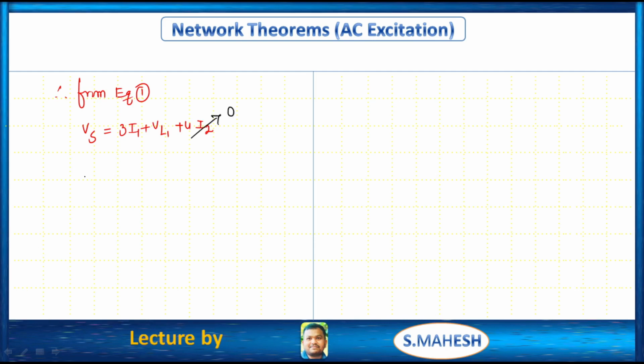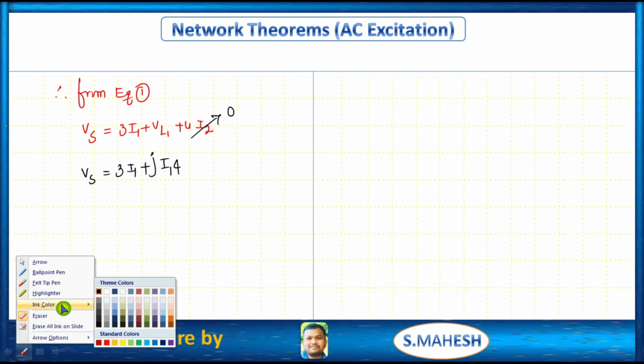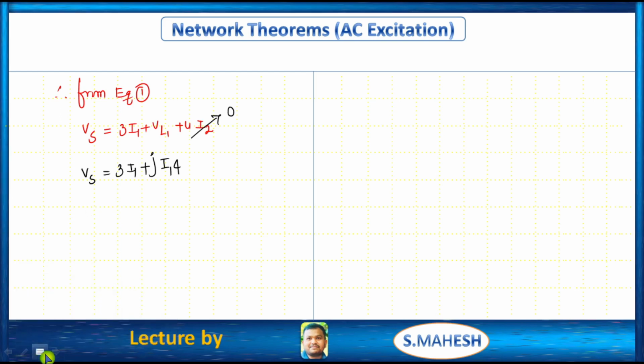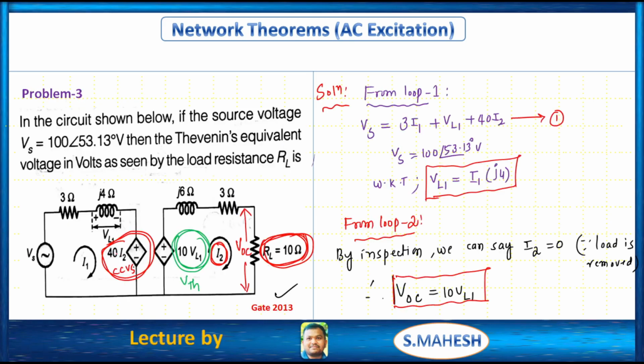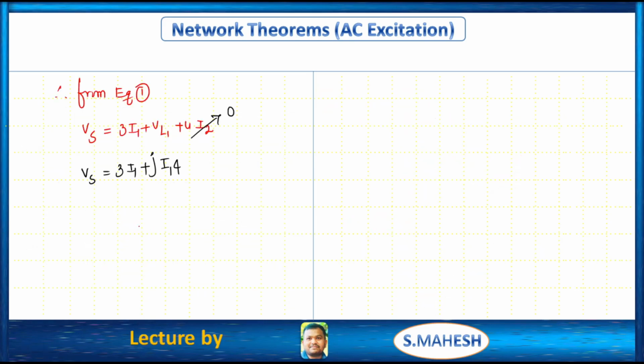Therefore Vs equals 3I1 plus VL1, where VL1 is I1 into j4. So Vs, which is 100 at an angle 53.13, equals (3 plus j4) into I1.